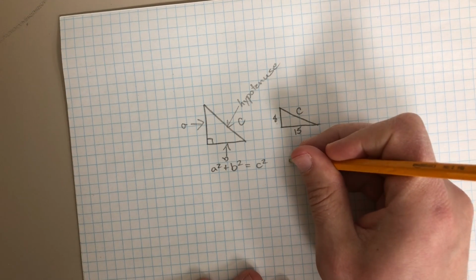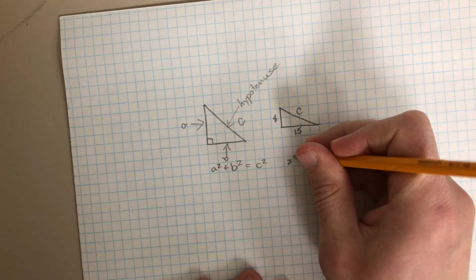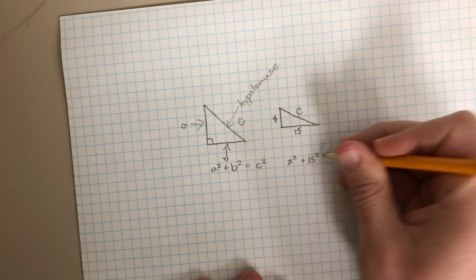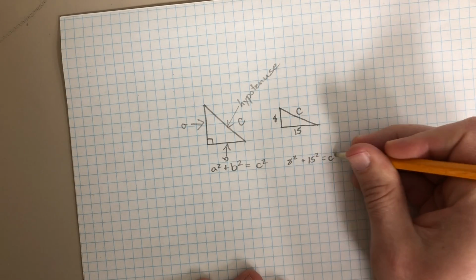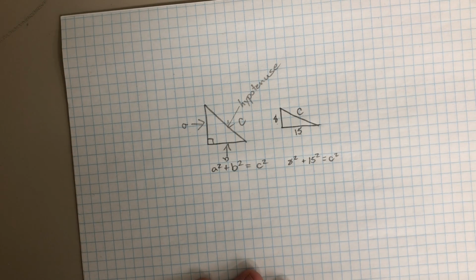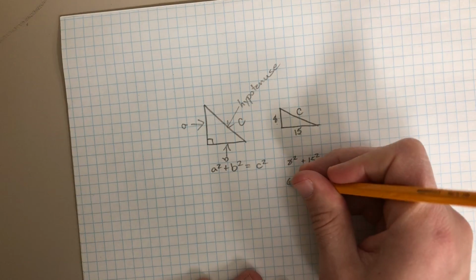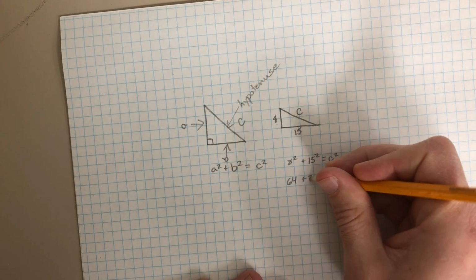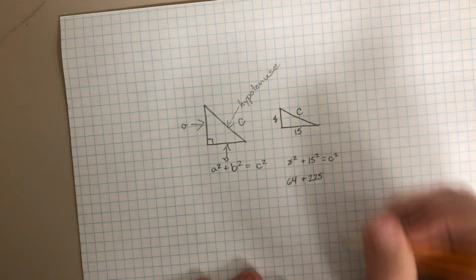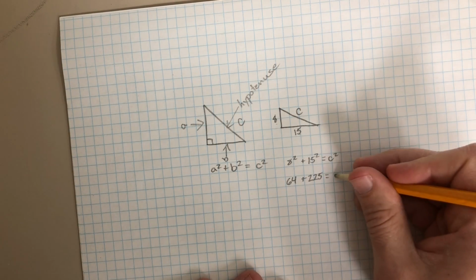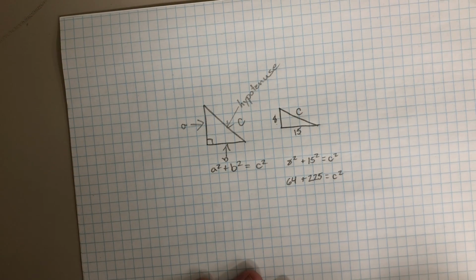So we have 8 squared plus 15 squared equals c squared. We know 8 squared is 64, plus 15 squared is 225, and if we add those together, that will give us c squared.